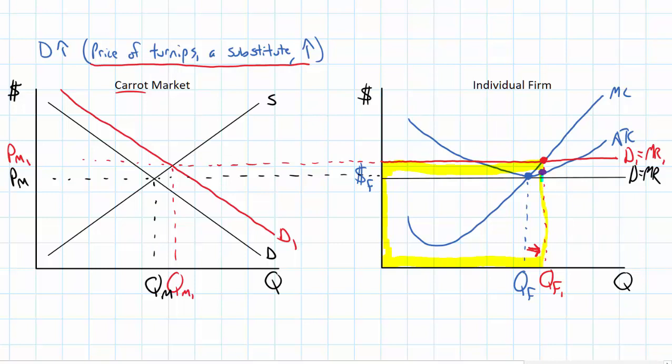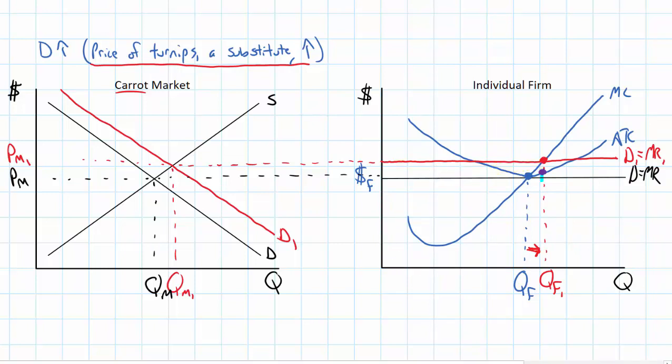That point right there is my cost per good, and so that rectangle and then this part down would be my total cost. So in this case, the yellow rectangle, my total revenue, is greater than that blue rectangle, which is my total cost. So what I've got right now is a profit in the short run.